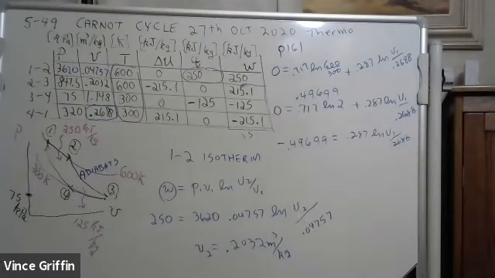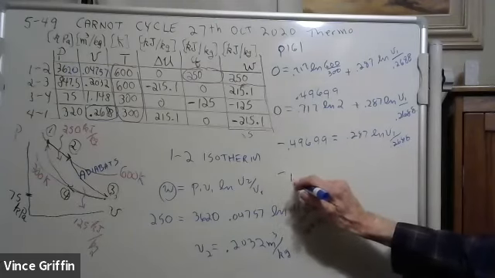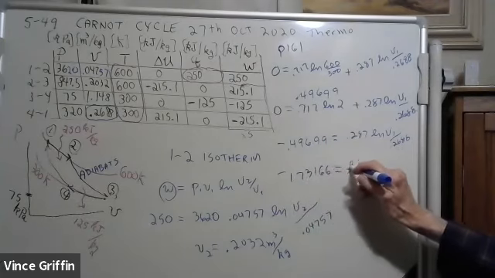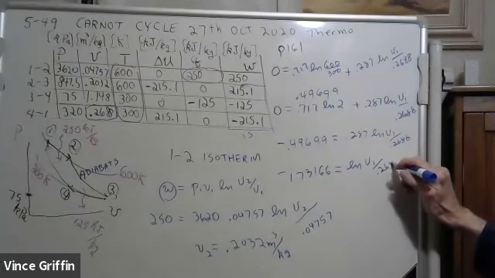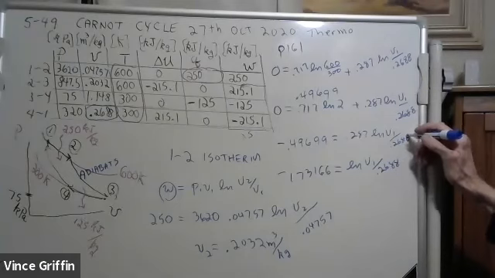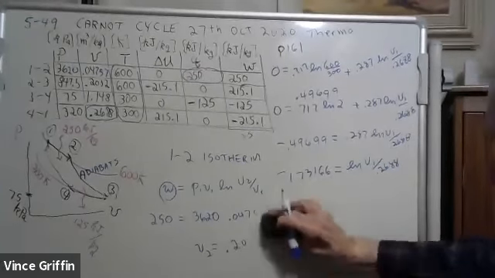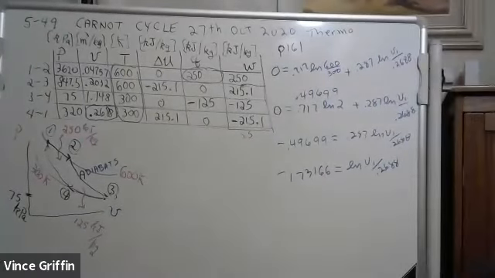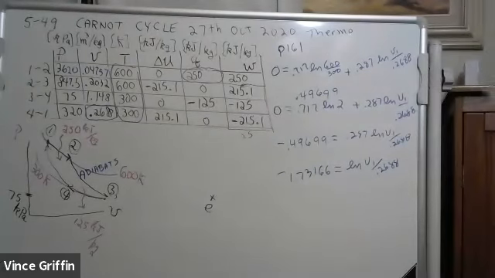Here goes. I'm getting minus 1.731 and so on, equals natural log of V1 over 0.2688. Okay. Now what I'm going to do is hit the e to the x button.